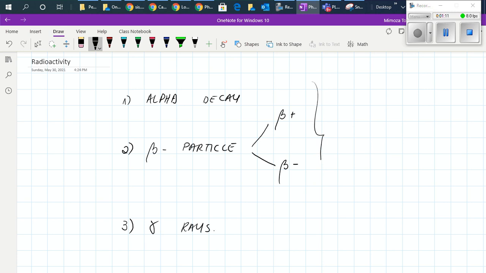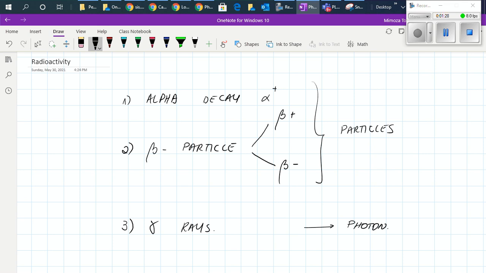The first two are particles, so alpha decay is just helium particles. Next one is a photon because it's a gamma.